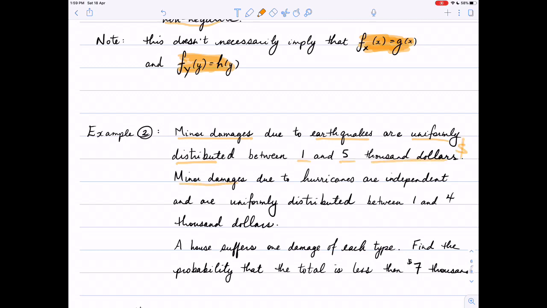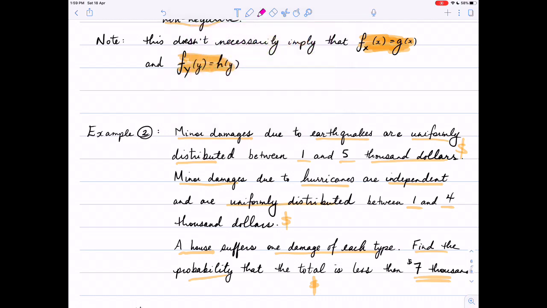Minor damages due to hurricanes are independent of the earthquake damages and are uniformly distributed, this time between $1,000 and $4,000. One poor house suffers one damage of each type. We want to find the probability that the total damage is less than $7,000. So what are we going to do here?